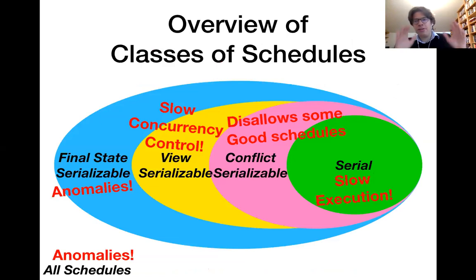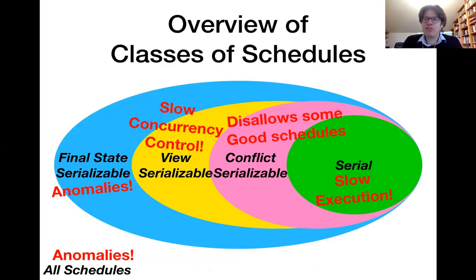All right, so this is where we stand now. We have found one new class of schedules that are conflict serializable. There's one little drawback to them. They are a little bit too restrictive, meaning there's some good view serializable schedules that don't create anomalies, but they would not be allowed according to the conflict serializability criterion.